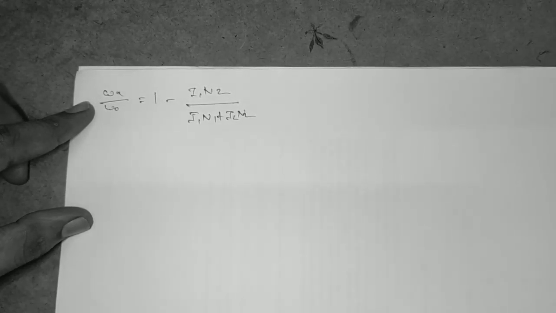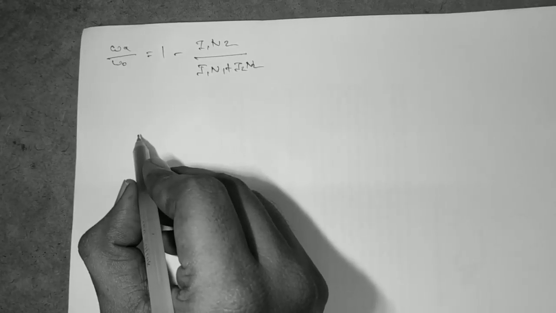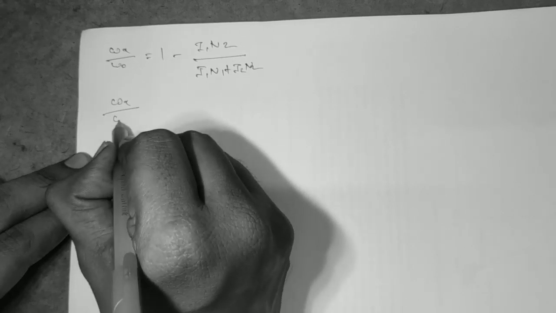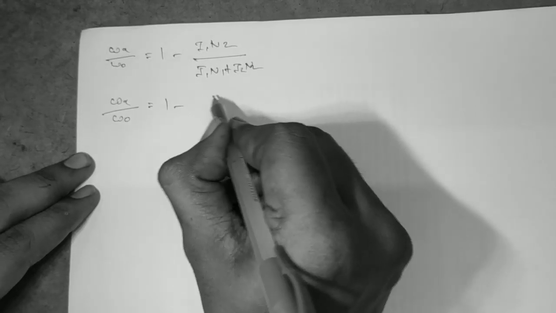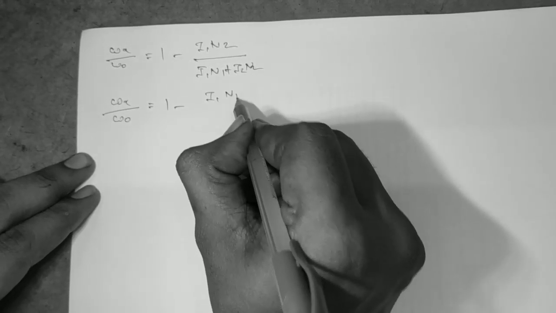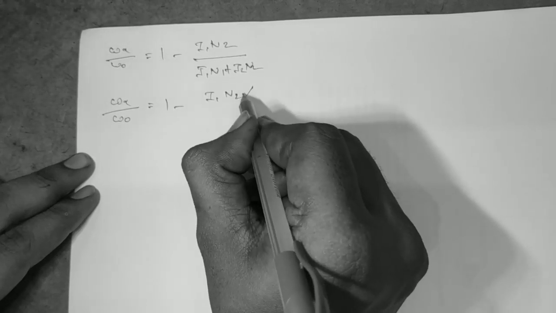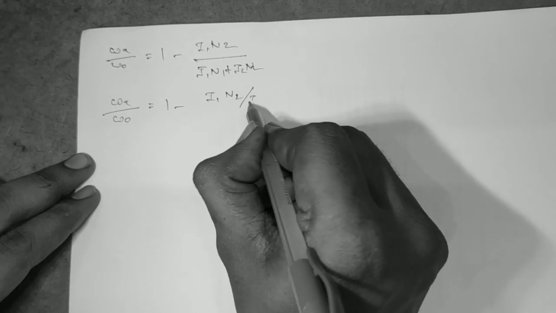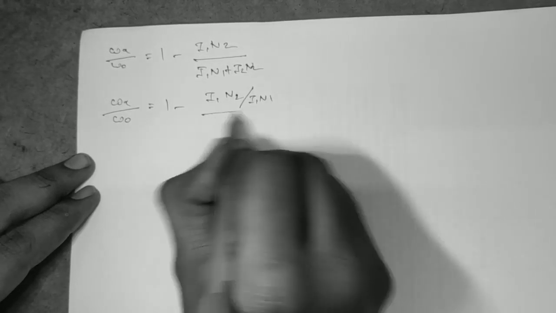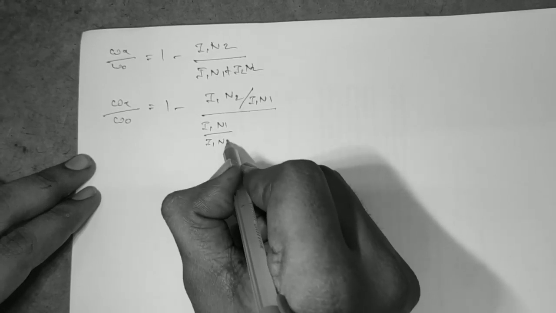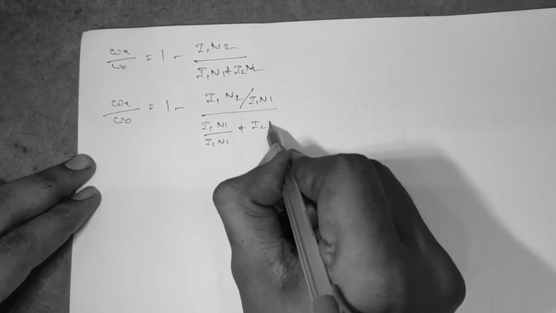Now we can rewrite this equation by dividing each term in the second term by I1 N1, so as to get it in terms of k.